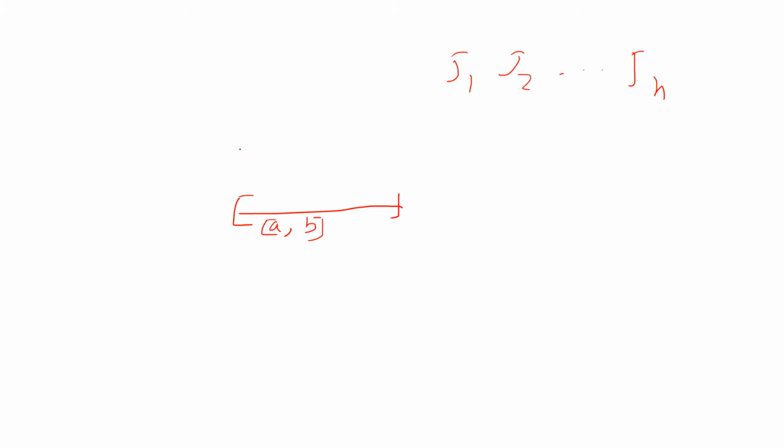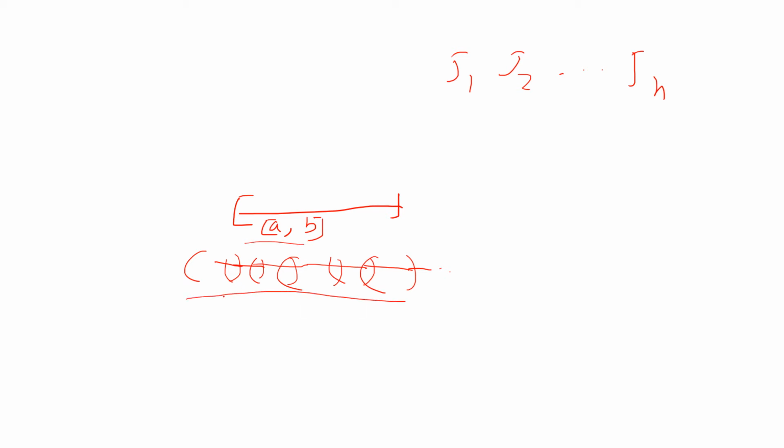Suppose this is J_1, and then this one will be J_2, and this one will be J_3, like that, and keep on going on like this. Some may be redundant, that means even if you remove that one, the remaining will still cover this. So [a, b] is a subset of the union of this cover.